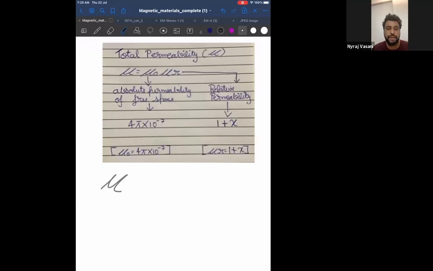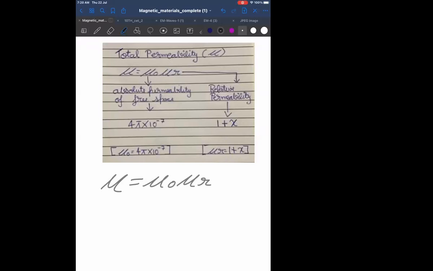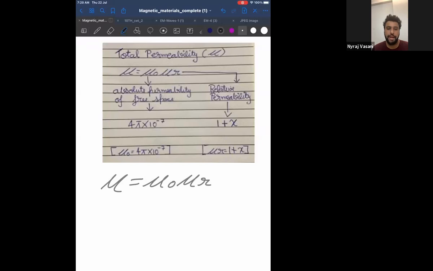Total permeability is given by, look at this. On this page, we have three formulae. Check the formula. Mu, total permeability, is equal to mu naught into mu r. This is the formula for total permeability, where mu naught is your absolute permeability of free space, and you already know the value.